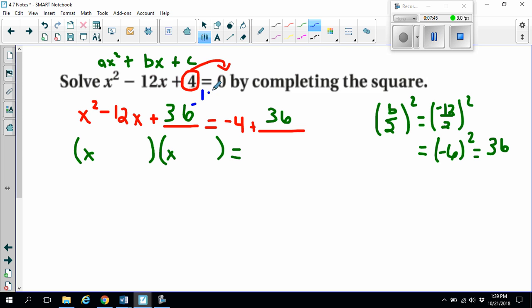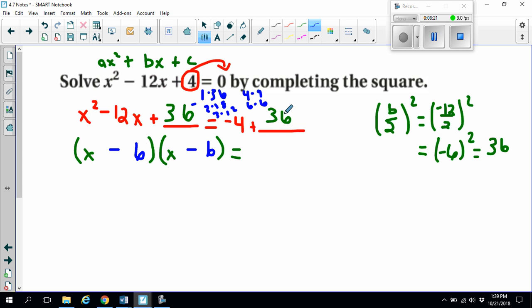So we know 1 and 36, we got 2 and 18, we got 3 and 12, we got 4 and 9, 5 doesn't go into it, we got 6 and 6. So we need to figure out which pair will add up to a negative 12. Well, that should be the 6 and 6, right? If we have negative 6 plus negative 6, that'll give us a negative 12. So we'll have minus and minus, okay?